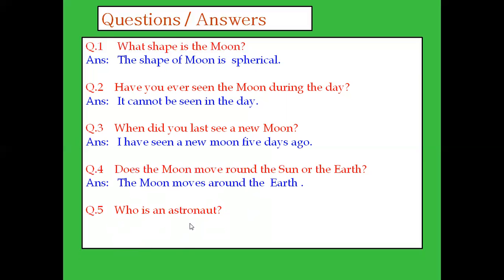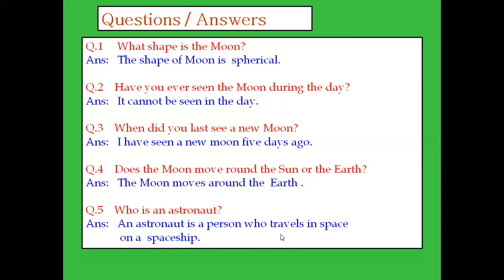Who is an astronaut? Its answer is, an astronaut is a person who travels in space on a spaceship.